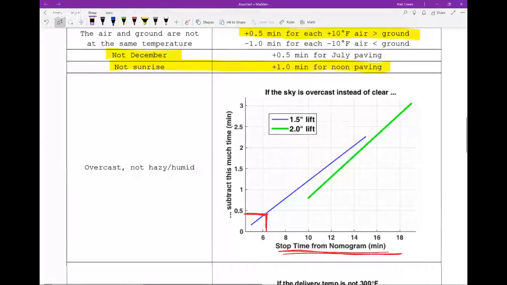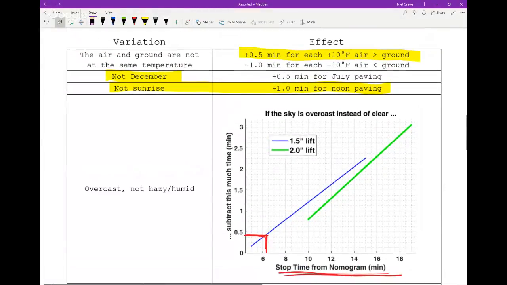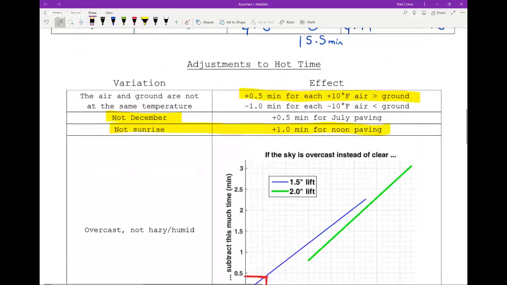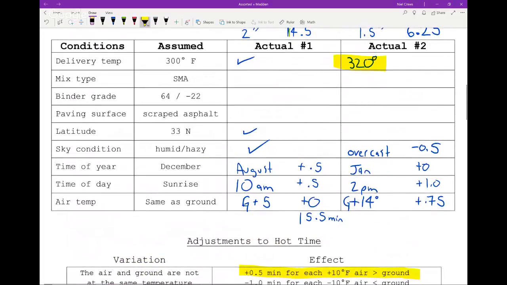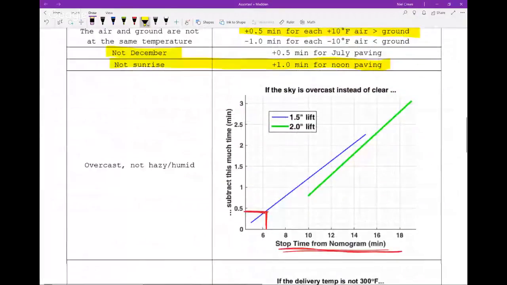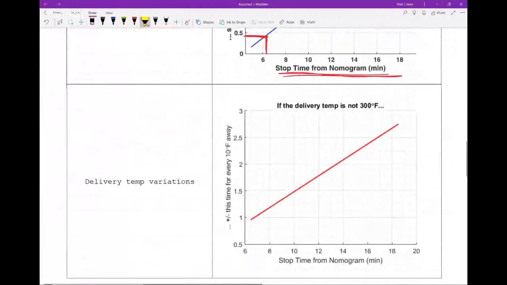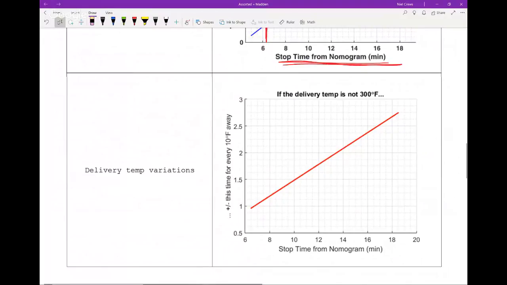The final modification we'll look at is the delivery temperature. In this example, the hot mix is 320 degrees. Since the nomograph estimate was just over 6 minutes, then we will add a minute, just about, for every 10 degrees away from 300. It's hotter than 300, so we're going to be adding.